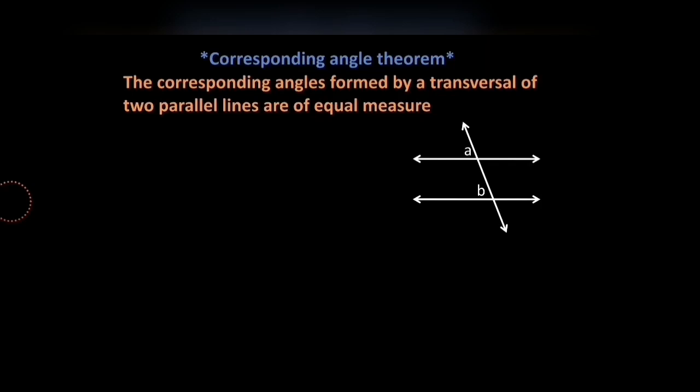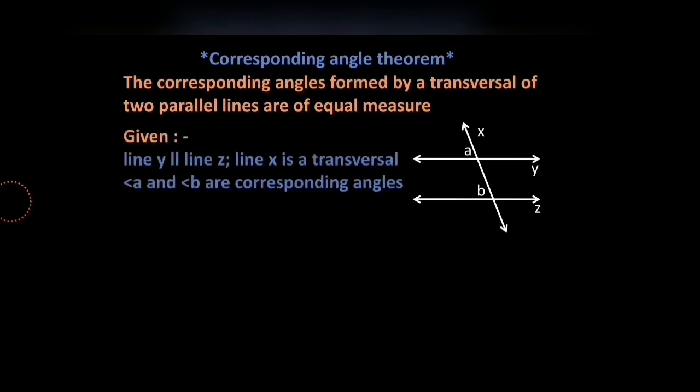Moving on, we have to name the lines also. Presently we have Y and Z as the parallel lines and X is our transversal. For any theorem, after drawing the diagram, you must write the given part, which I already told you how to extract from the given statement.